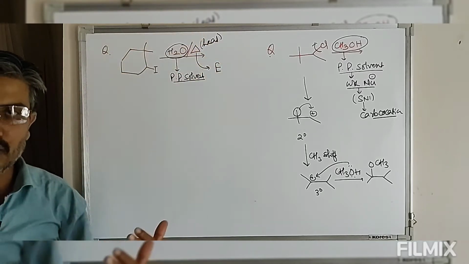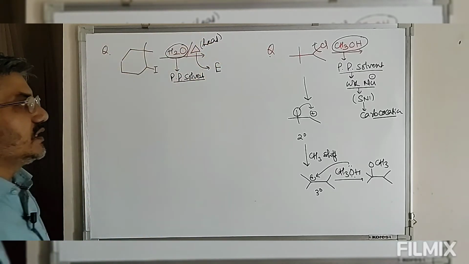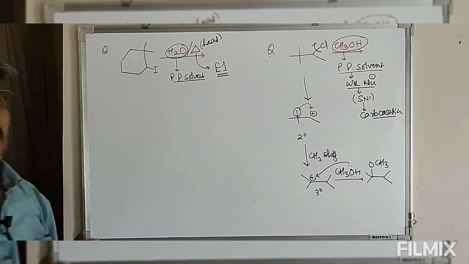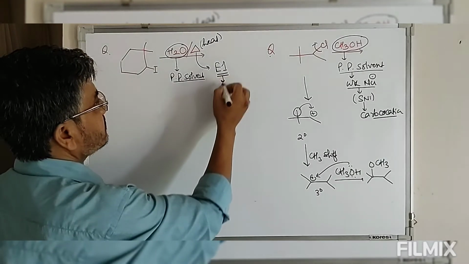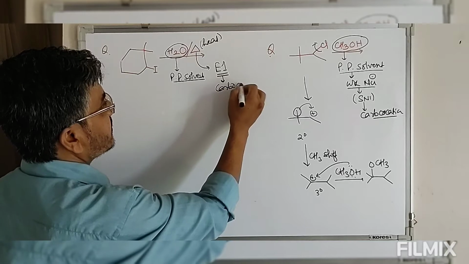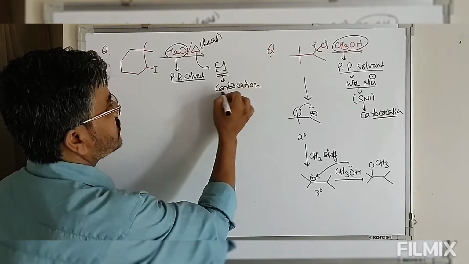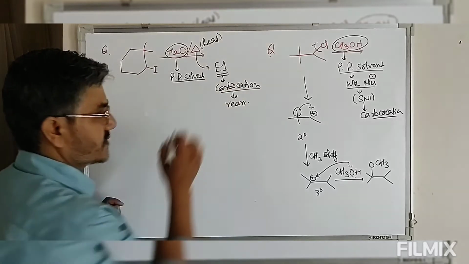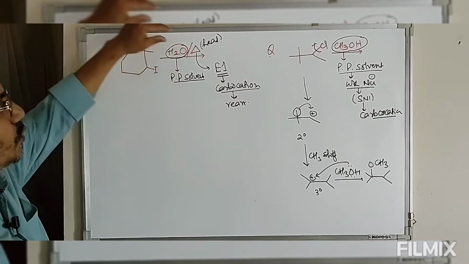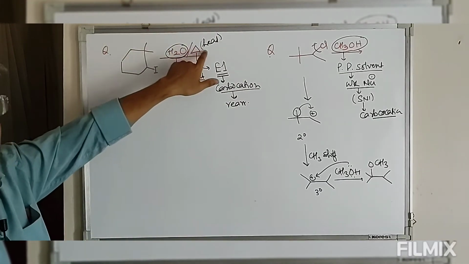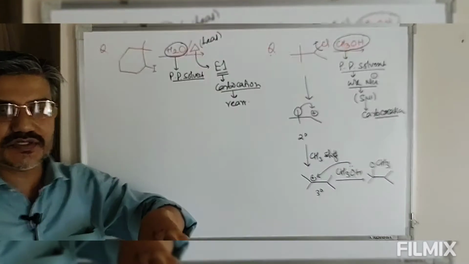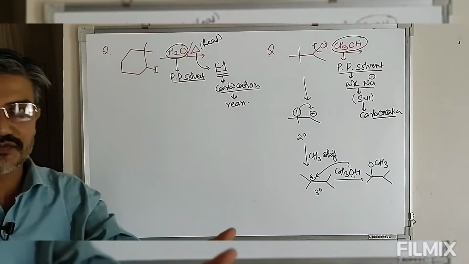In presence of a polar protic solvent, elimination has to proceed by the E1 mechanism, that is, formation of a carbocation. Whenever there is a cation, we can look for rearrangement possibilities. Why elimination? Because there is heating. Room temperature or low temperature promotes substitution reaction.